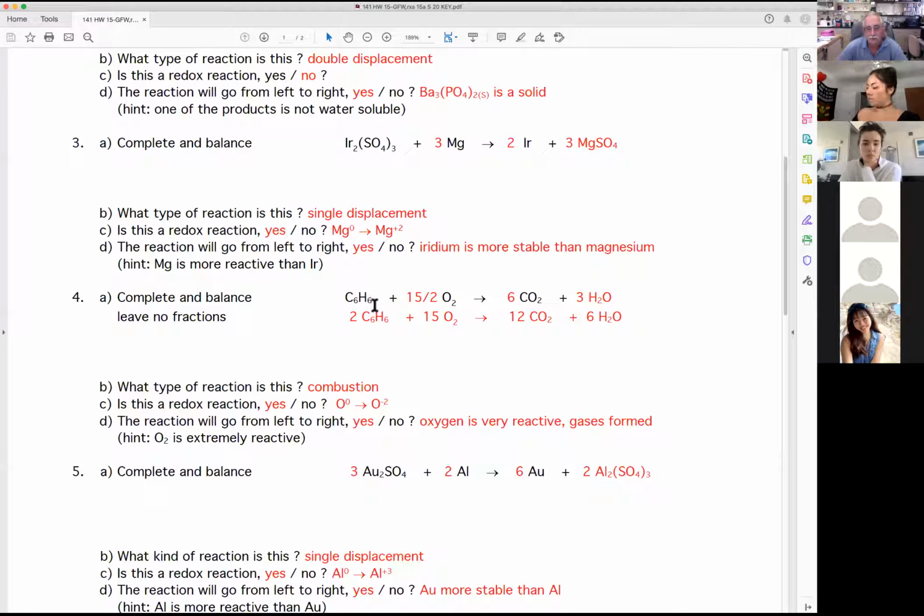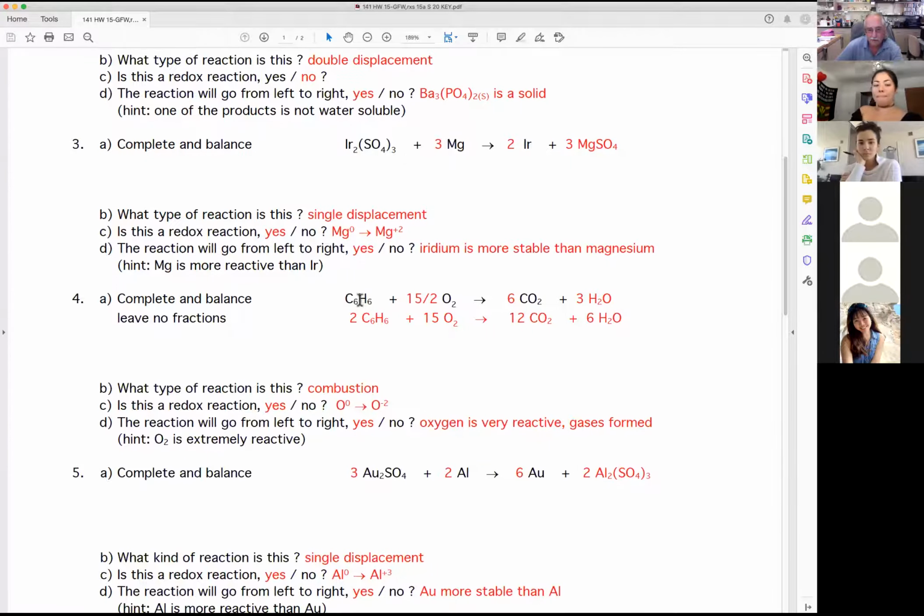So what's happening to C6H6? It's getting oxidized, right? Yes. Now this is something I wouldn't necessarily ask you, but I want you to see that this is a system that works. I look on the periodic table at electronegativity values, and I see that carbon is more electronegative than hydrogen.